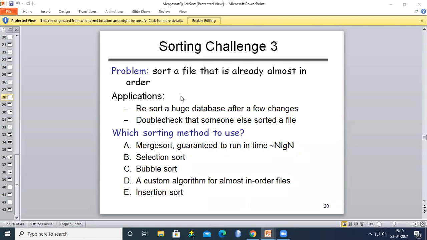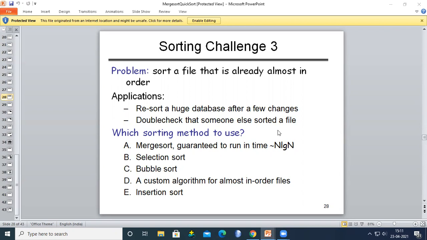The applications are: resort a huge database after a few changes, or double check that someone else sorted a file. So you need to do two times checking in that case.